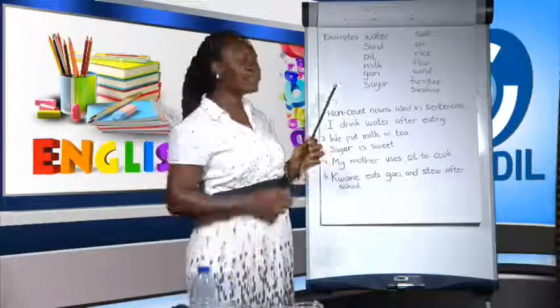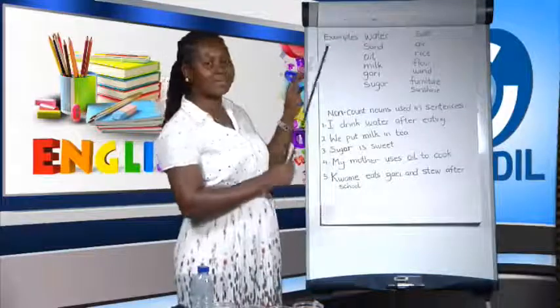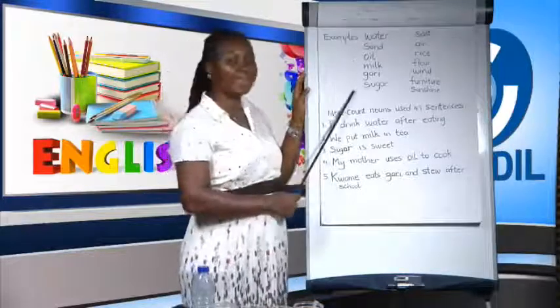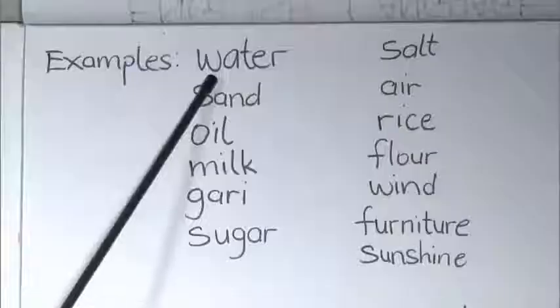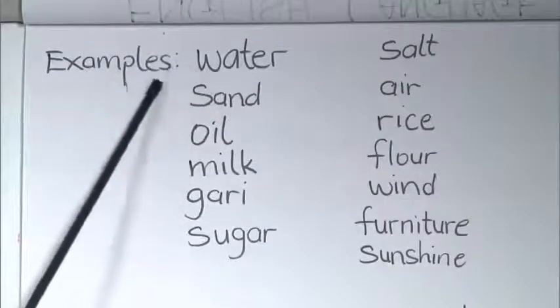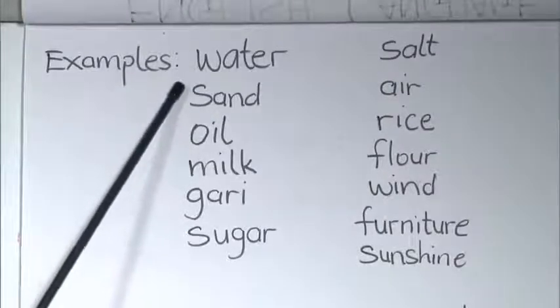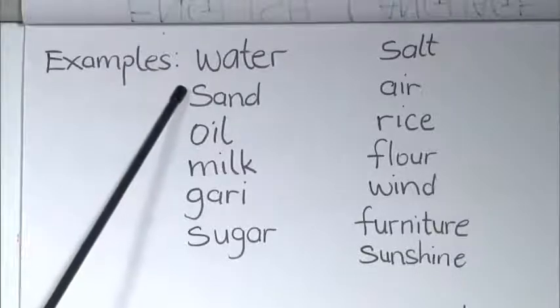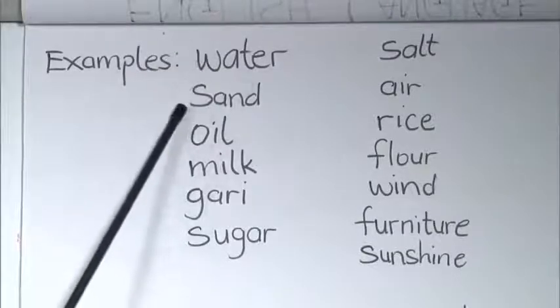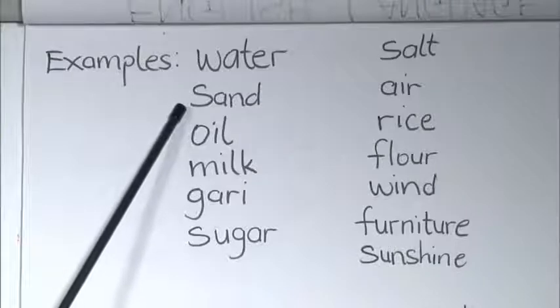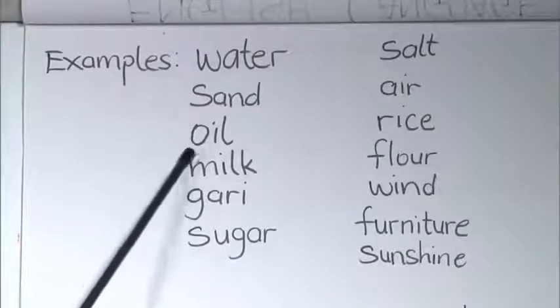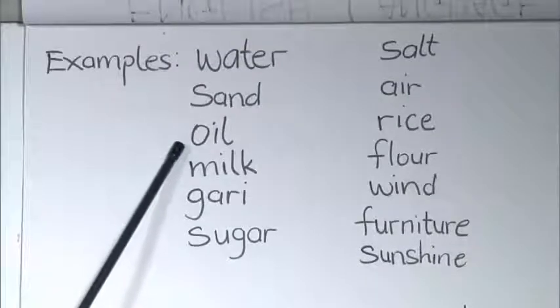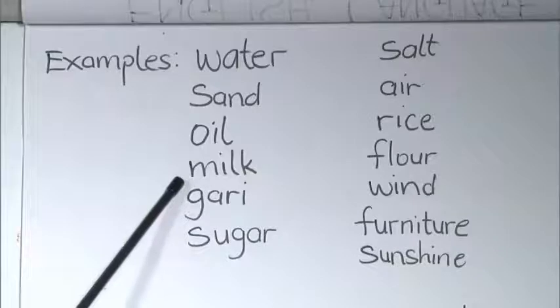Examples of uncountable nouns. We have some here. We have water as an uncountable noun. We cannot count water. We have sand. We cannot count sand. We have oil.